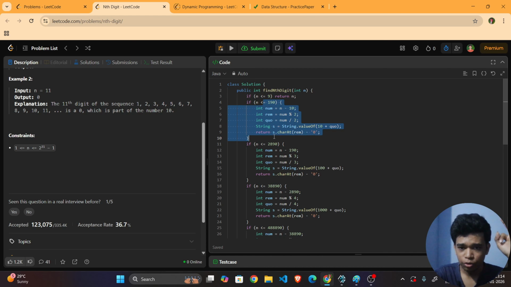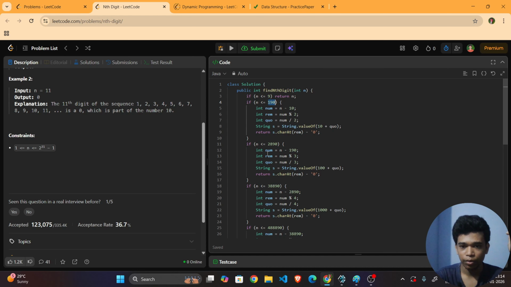So use these 3 steps again and again, changing the range alone. For example, see here, for the next one I already told you 2890, and here we want to minus 190 because we already saw up to 190. That's the reason I'm subtracting it.